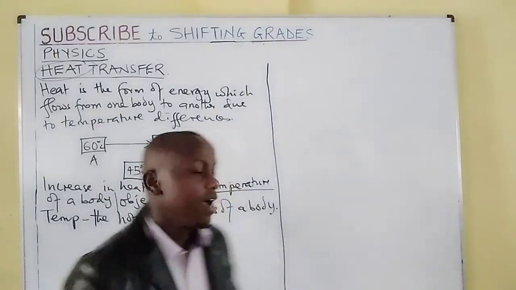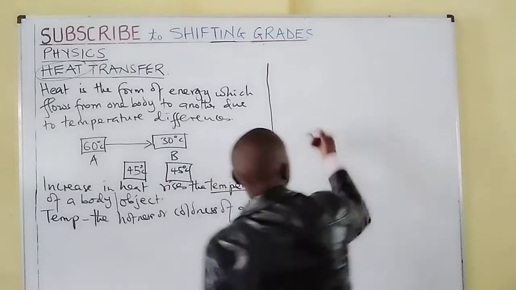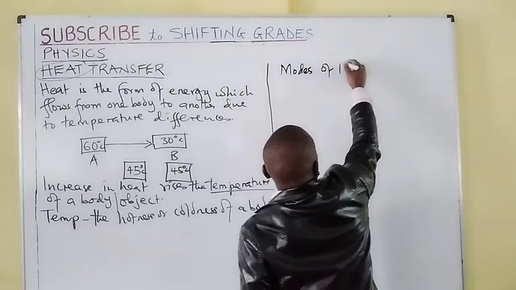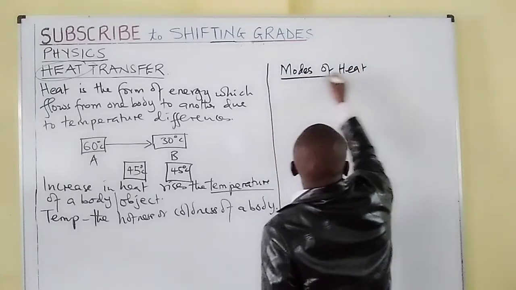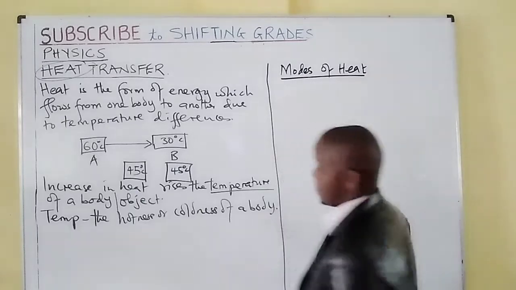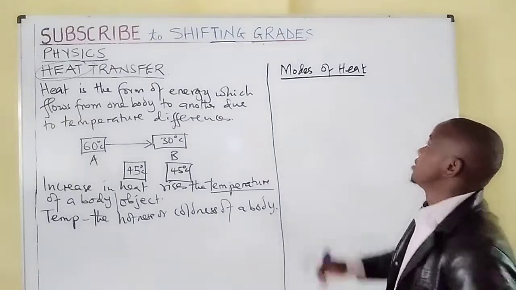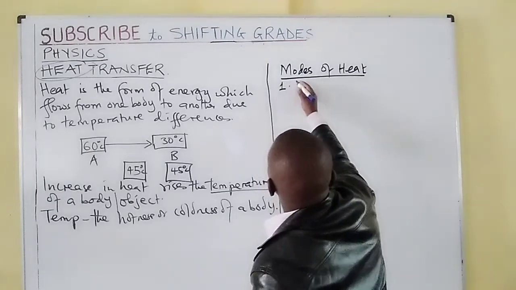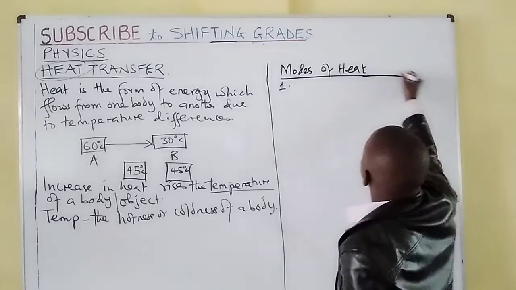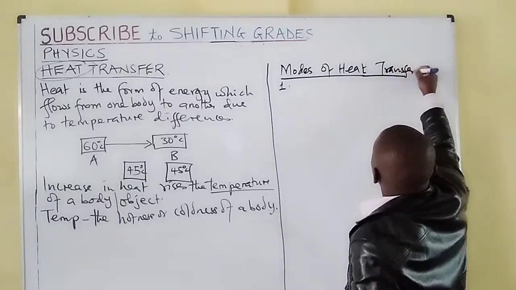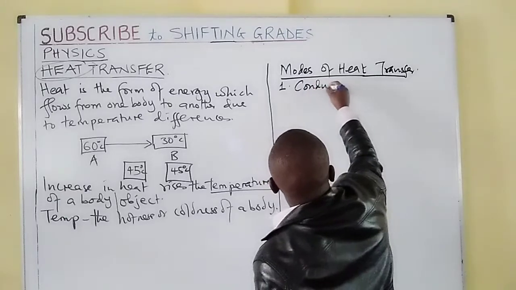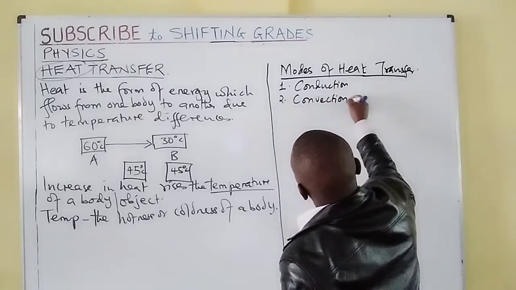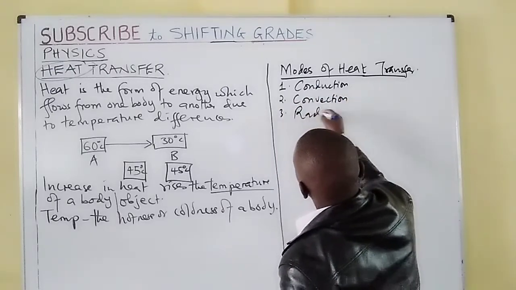So with that, we can check the modes of heat transfer, which are 3. How does heat travel or flow from a body to another, and why? The 3 main modes of heat transfer are conduction, convection, and radiation.